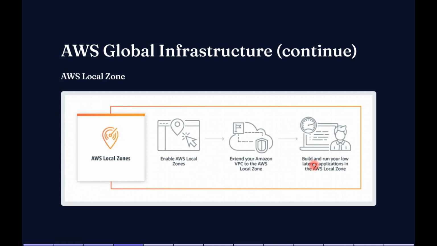This is how it works. AWS Local Zones are a type of infrastructure deployment that places everything required for your application, like compute, storage, database, and other services, near to your end users. That's why you get low latency to access your application.